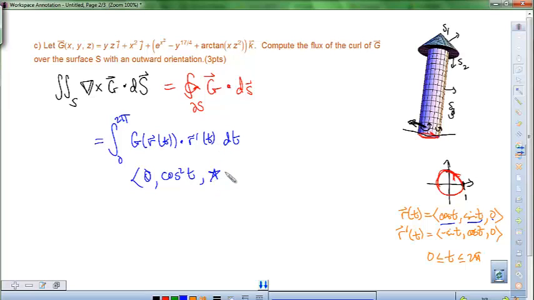I'm just going to put a star here because I'm looking at the derivative, which is what I'm going to dot it with, and I see that the z component is 0, so it didn't really matter what goes here because it's going to get dotted with 0. So we got negative sine t, positive cosine t, and 0. When we take this dot product, the 0 and sine t go away, 0 and star, this big old mess over here, will go away, and we just have a cosine cubed.